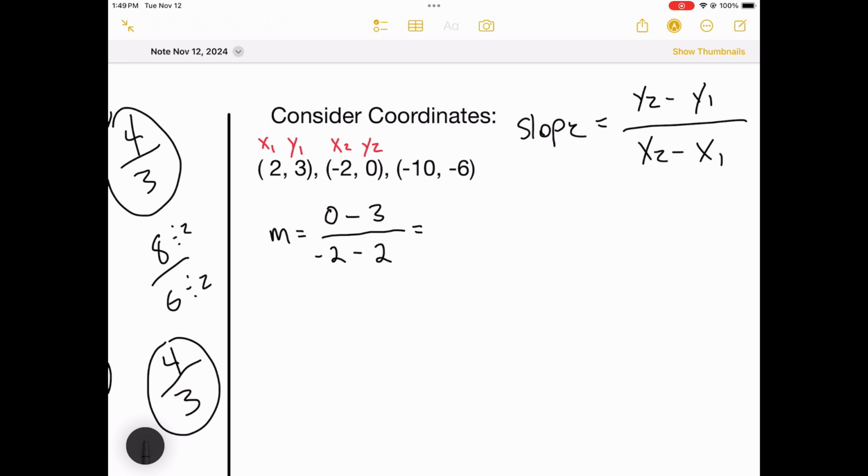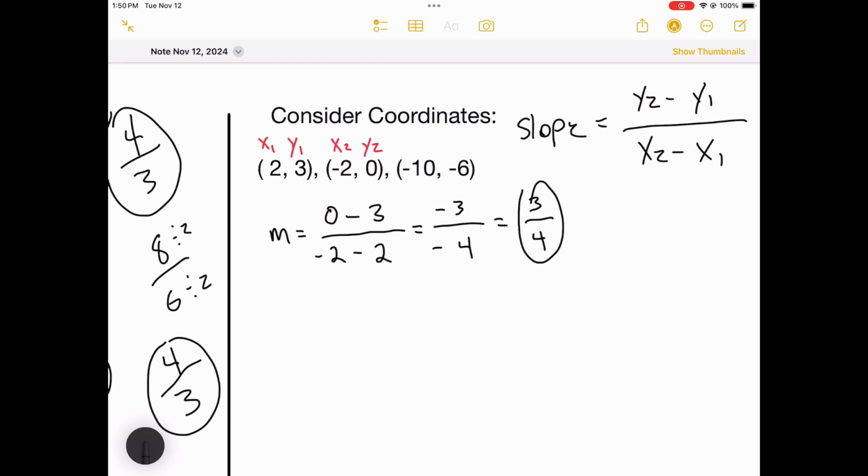So I'm going to have -3 over -4, which is actually positive 3 over 4. There you go. That's how you find the slope there.